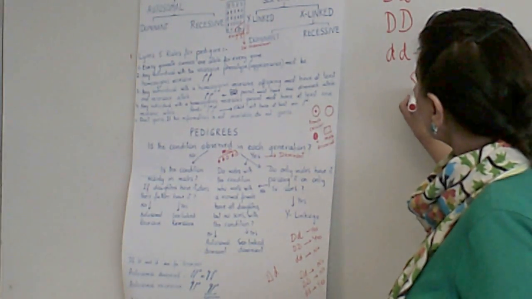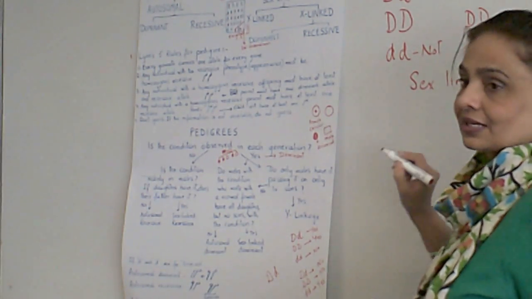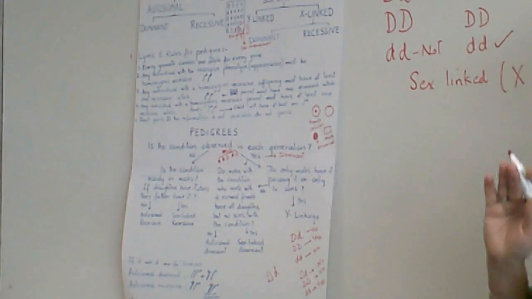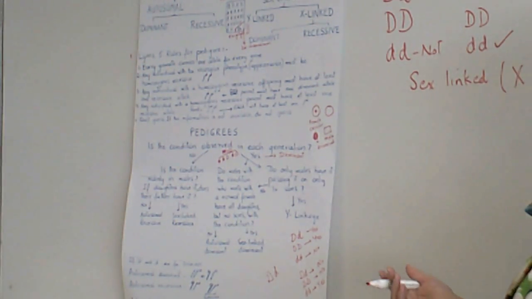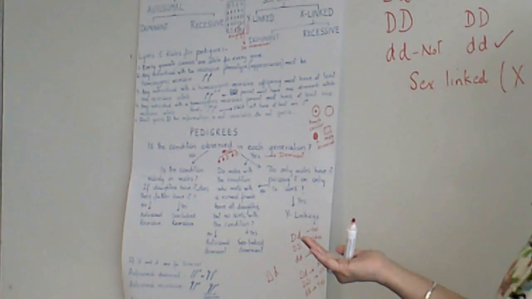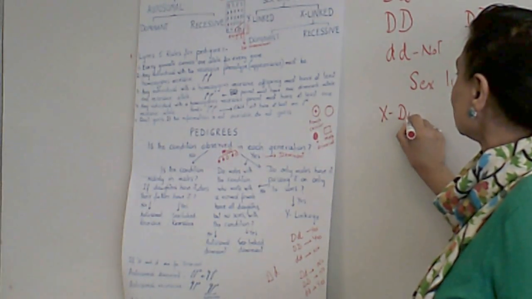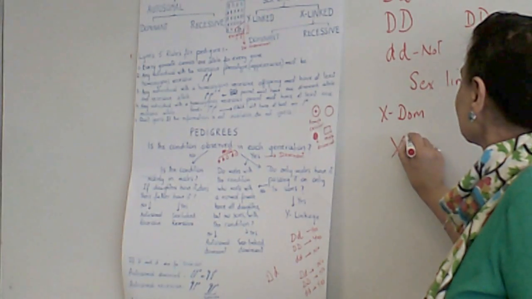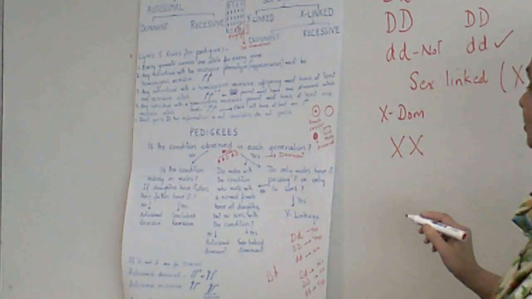Coming to sex-linked. If it is sex-linked, let's discuss X-linked first. Because under sex-linked we have X and Y. So it could be X-linked, it could be Y-linked. If it is X-linked, then we use the letter X. Okay? So if it is X-linked dominant, then this is the female genotype, 2 X chromosomes.